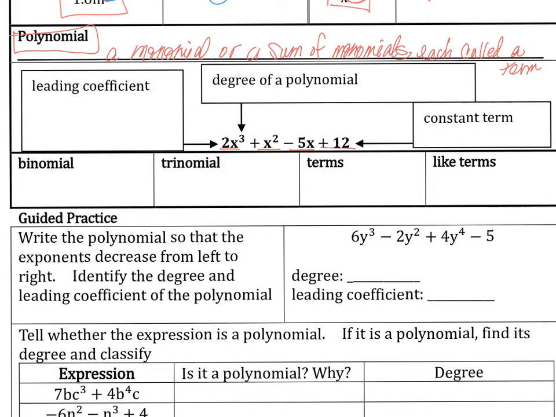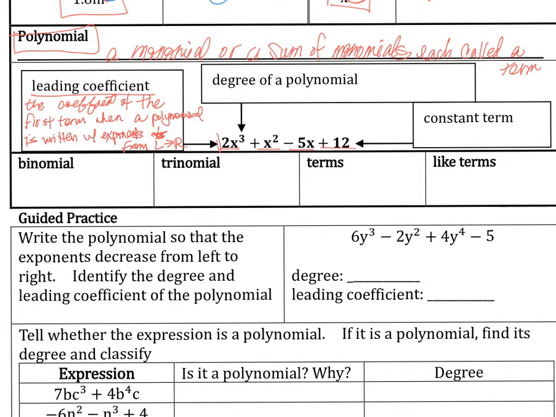Now we have a couple vocab terms here. The leading coefficient is the coefficient of the first term when a polynomial is written with exponents decreasing from left to right.